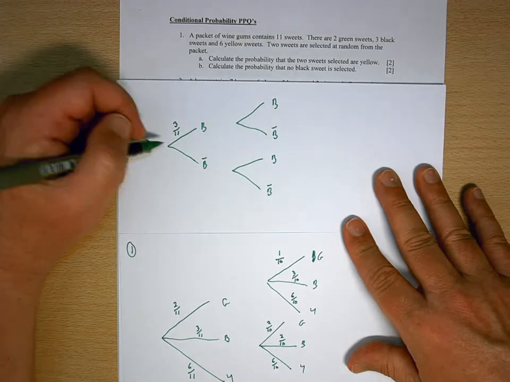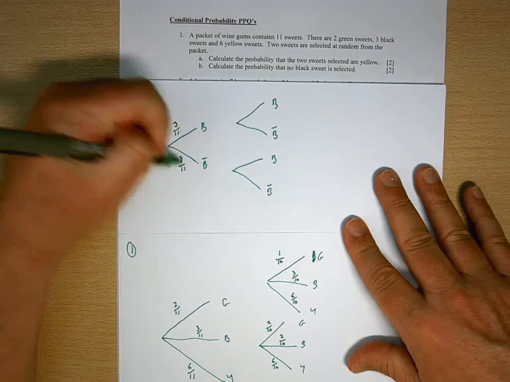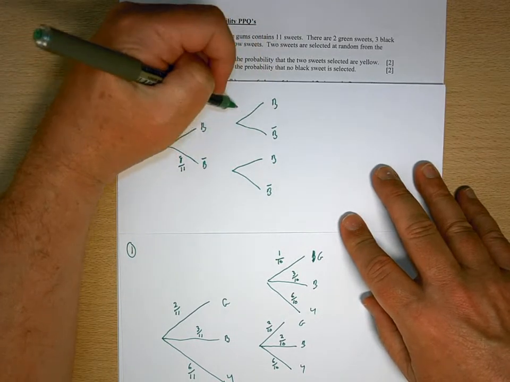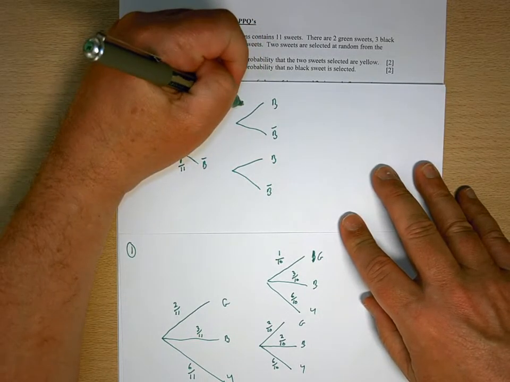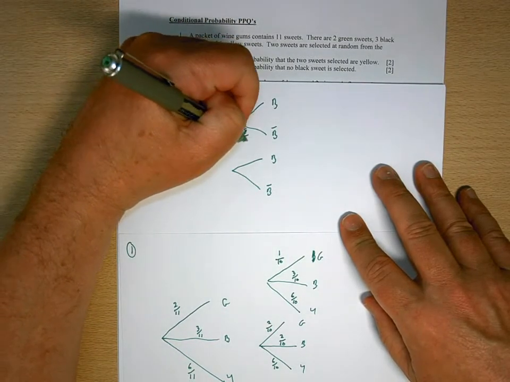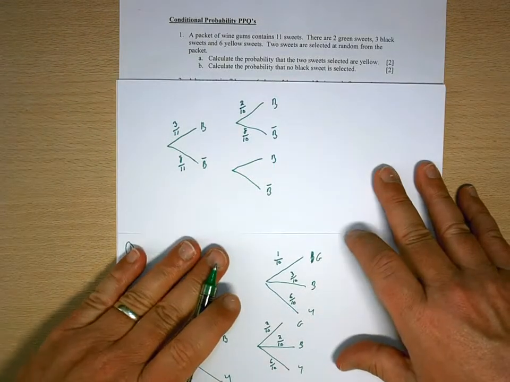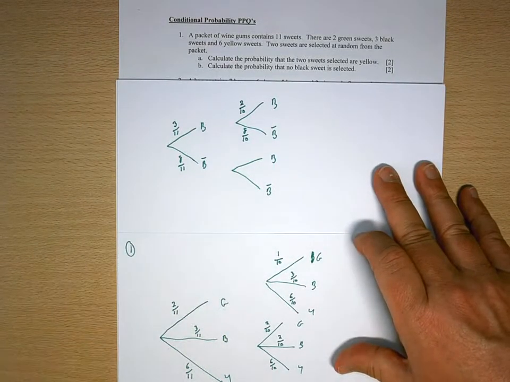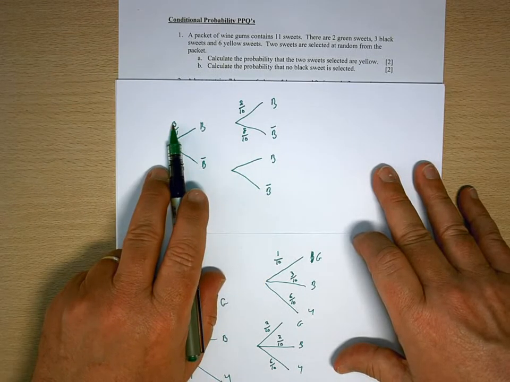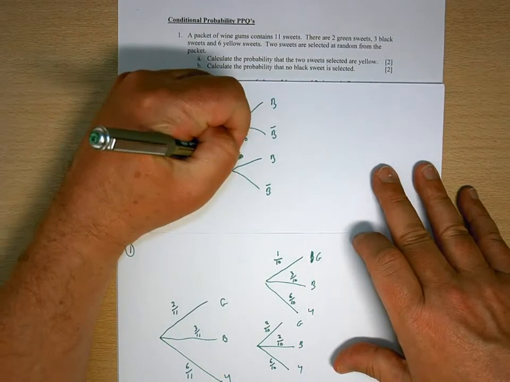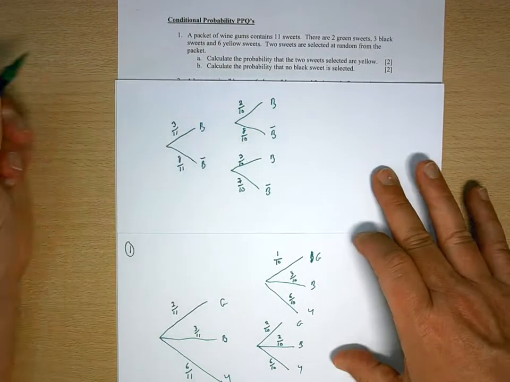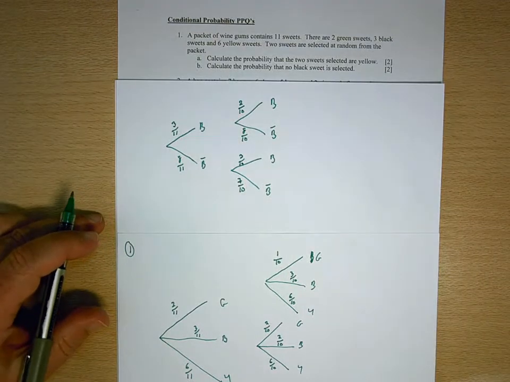So the chances of the first suite not being black would be 8 out of 11. If the first suite is black, the second suite will be 2 out of 10, which means not black will be 8 out of 10. With this one, the chances of the second one being black would be 3, because the first one wasn't black, out of 10, which means the second one will be 7 out of 10.